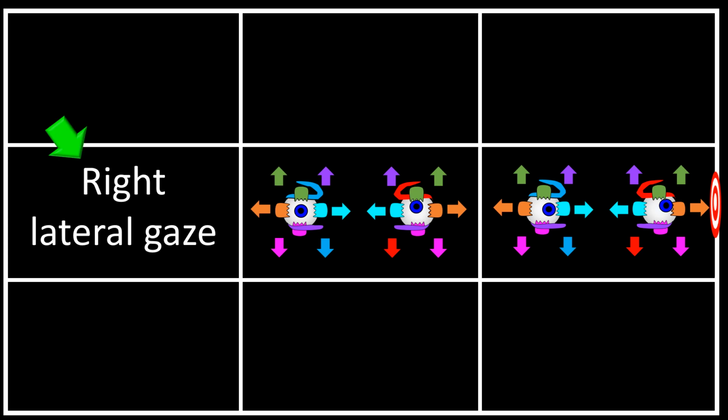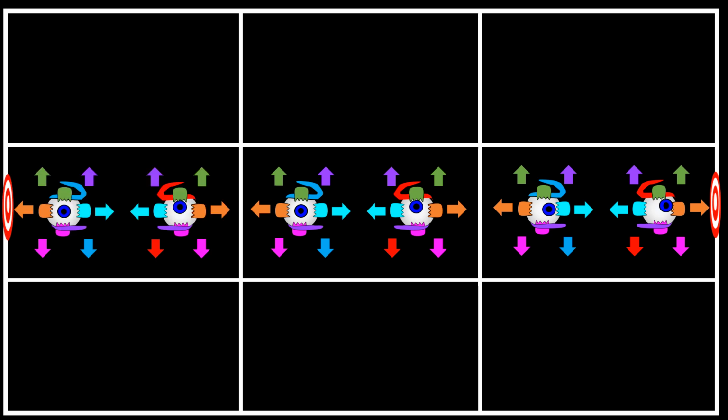Now let's see what happens during sustained right lateral gaze. As I did before, when talking about left lateral gaze, in this frame I have introduced a cartoon of the eyes in primary position. I have done so to illustrate and explain what happens during right lateral gaze.